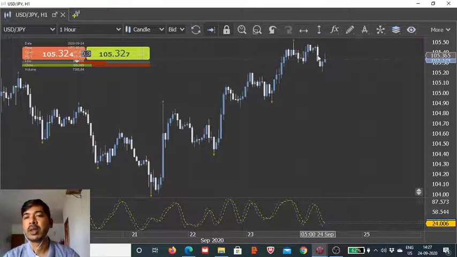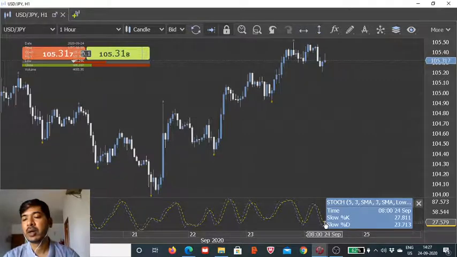We then take that ratio and multiply it by 100, and here we have the percent K value. Afterwards we take the SMA of that percent K value. Suppose we choose a time period of 3, then we take the SMA of the percent K, and we have the slow percent K value, and that's how this system works.